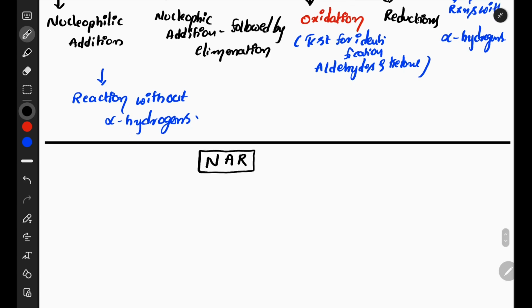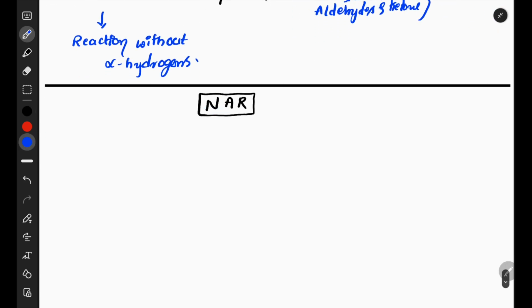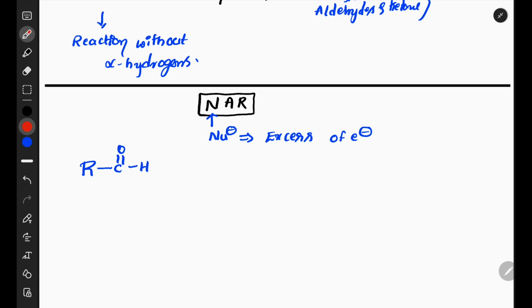First, you want to understand nucleophilic addition reactions. What is the meaning of nucleophile? A nucleophile is nothing but something which has excess of electrons. Take either an aldehyde, C double bond OH, or a ketone, no issue. When this pi bond is polarized towards the most electronegative atom, we get a partial negative charge on oxygen and a partial positive charge on carbon.